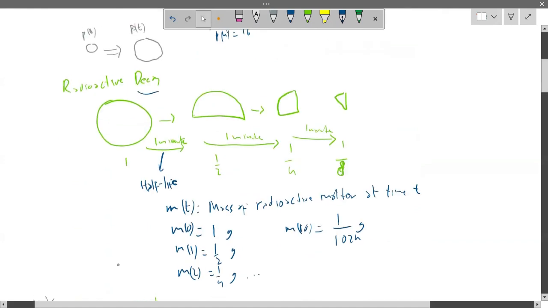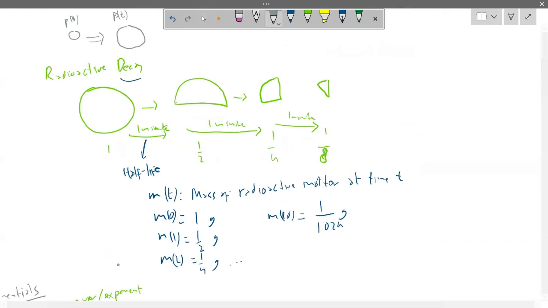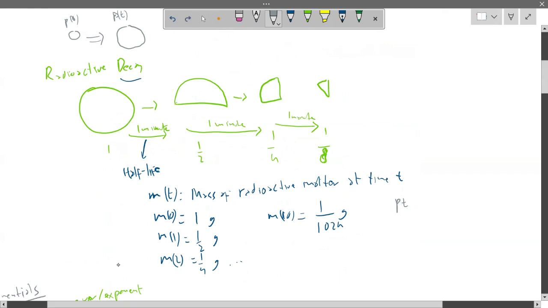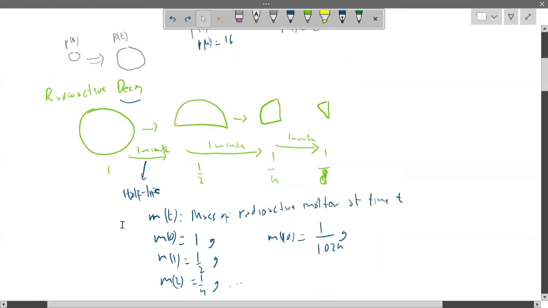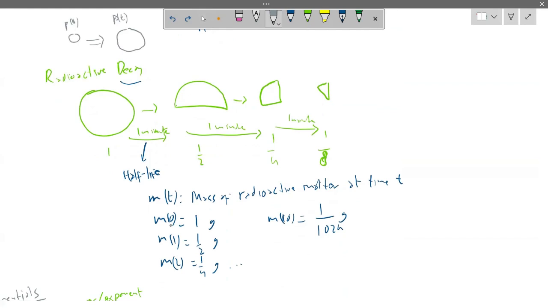Another thing is, what about radioactive decay here? What if I want to ask, after how many minutes do I have 1/50th of my initial amount of radioactive matter? So here I want to ask, what is t such that M(t), which we now know to be 1/2 to the power of t, is equal to 1 over 50?